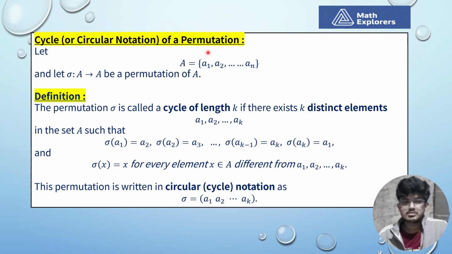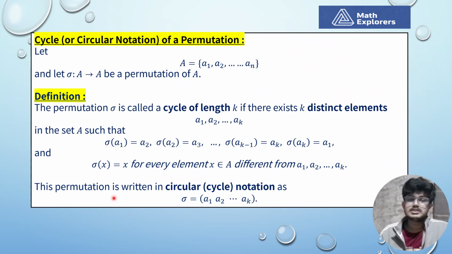Cycle of a permutation, or circular notation. Let A equal to {a1, a2, ..., an}, and let sigma be a permutation. That means it is a bijective mapping from A to A. Definition: the permutation sigma is called a cycle of length k if there exist k distinct elements a1, a2, ..., ak in the set A such that sigma of a1 equal to a2, sigma of a2 equal to a3, ..., sigma of ak equal to a1, and sigma of x equal to x for the remaining other elements.